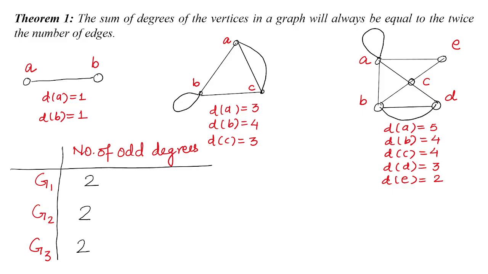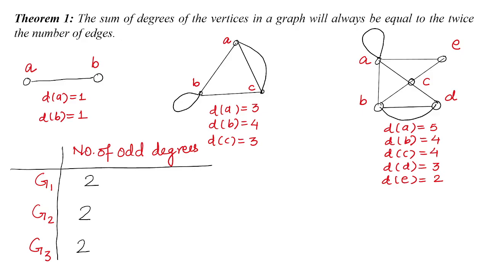So 2 vertices can have odd degree, 4 vertices can have odd degree, 6 vertices can have odd degree, but you will never ever see a graph in which an odd number of vertices have odd degrees. You will never find a graph in which one vertex has odd degree, or 3 vertices have odd degrees. This will never happen.